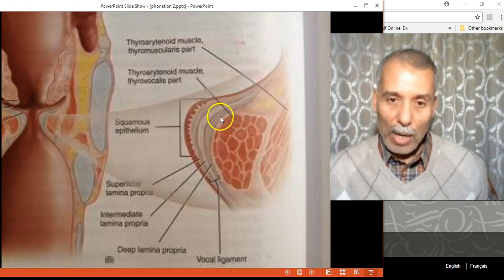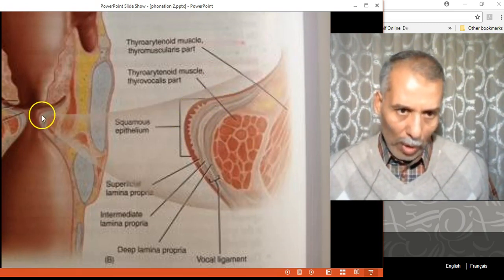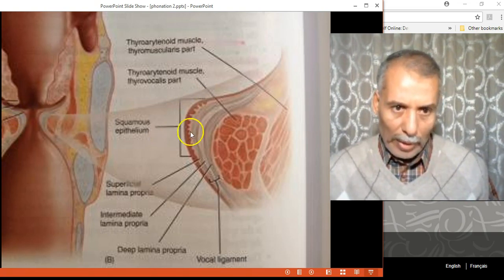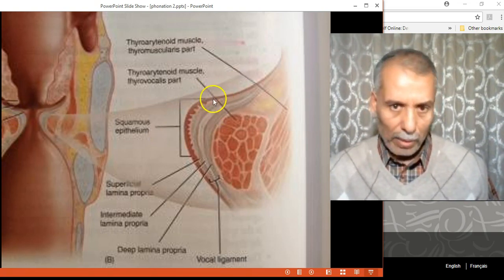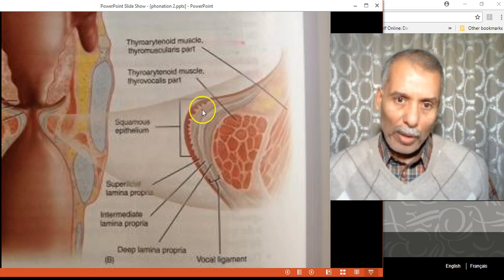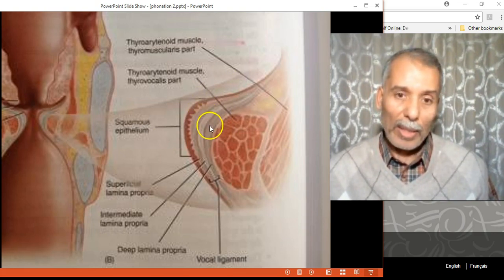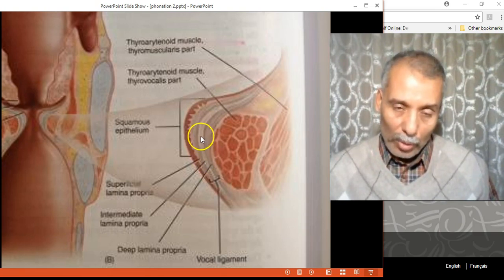And you could see now here more clearly, one vocal fold, another vocal fold. Take this and expand it and enlarge it. You can see the epithelial membrane, the superficial lamina propria, and the intermediate and the deep. These 2, intermediate and deep, give you what? The vocal ligament, right there.